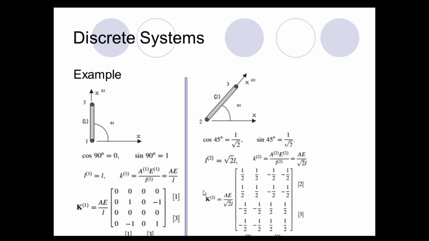Therefore, 1,1 will be summed with, so this is the first and this is the second, so 1 and 3. So 3,3 will be summed with the 3,3's here. So 0 will be summed with 1 over 2, this 0 will be summed with 1 over 2, and 1 plus 1 over 2.